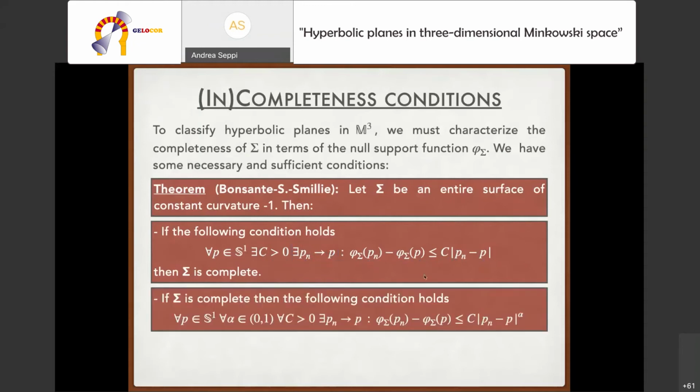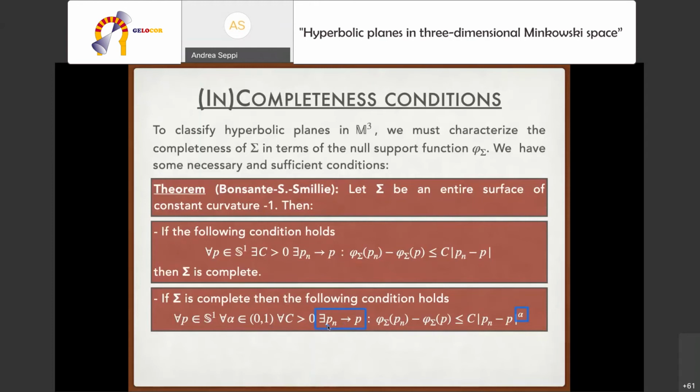This is not sharp, it's not an if and only if, but we have some other implication. So if the surface is complete, then we have the following condition. Again, for every point on the circle, we can find a sequence approaching P on which the function is not sublinear, but almost. So we just add an exponent alpha here. And we can prescribe any alpha and any C. So the condition is pick any point on the circle, pick any exponent alpha in (0,1), pick any constant.